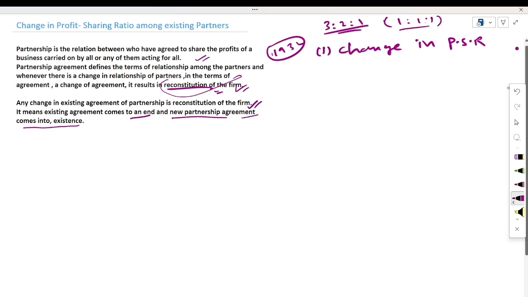So the first reconstitution of the firm may be change in their profit sharing ratio, and the second will be admission of a new partner.